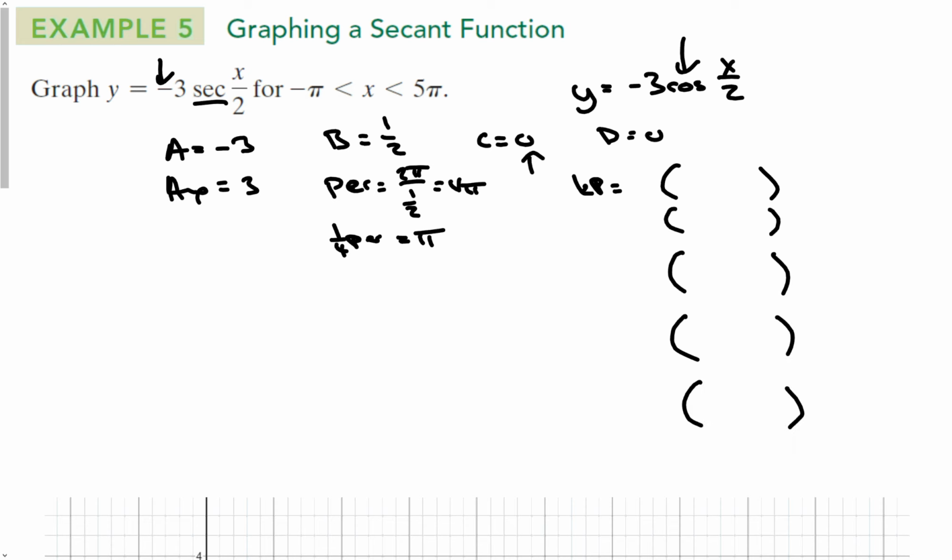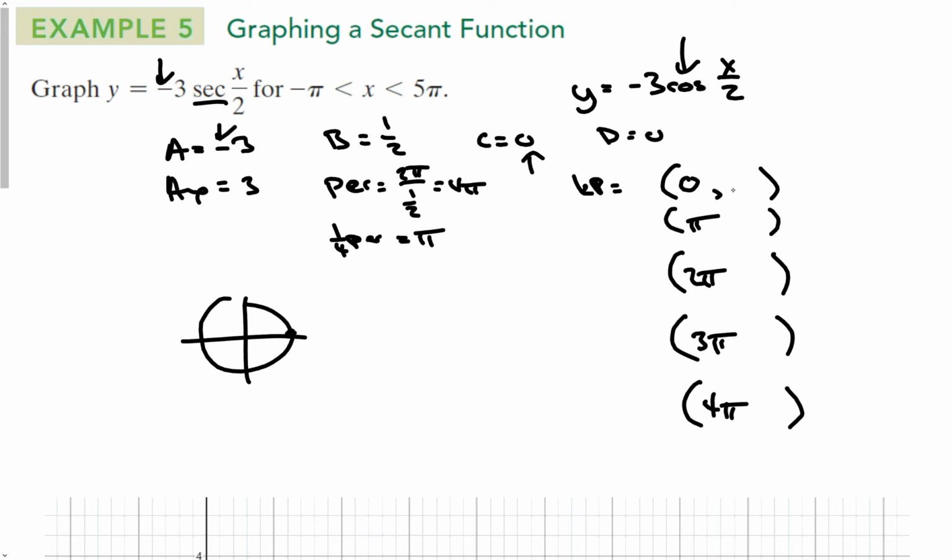Okay, so my key points are going to be 0, quarter period, pi, 2 pi, 3 pi, 4 pi. Remember the pattern of the cosine. We're graphing the x coordinate, so it starts at the max. The max of this function would normally be 3, but we're also reflecting it. So max is turned to min. So this is -3.